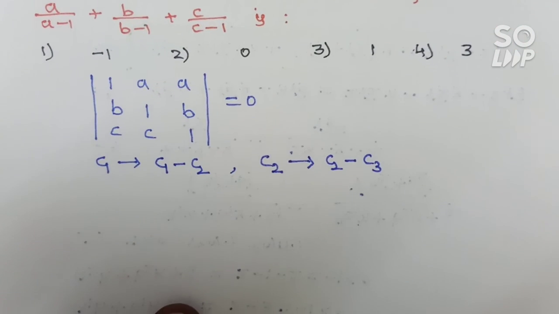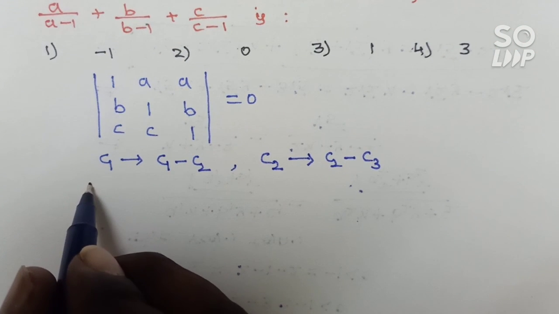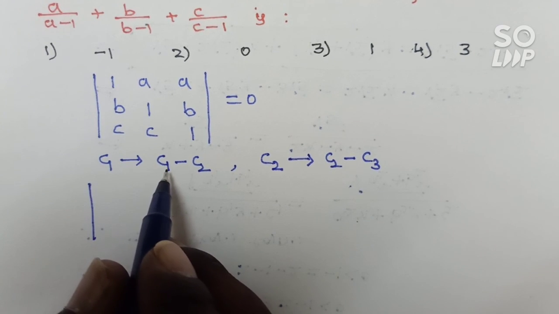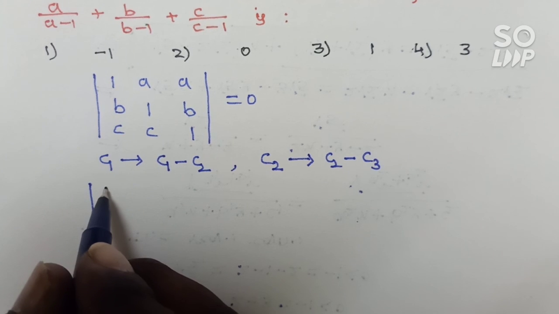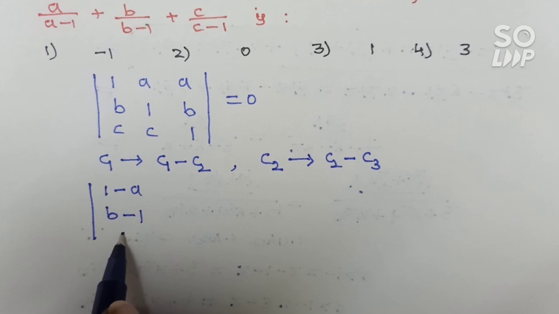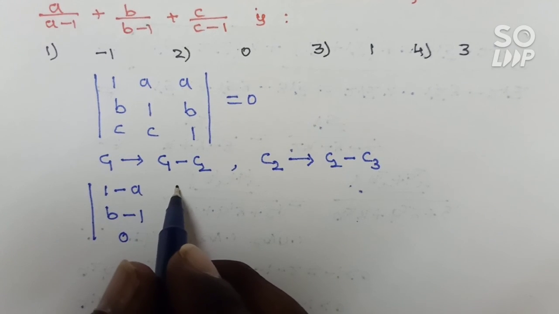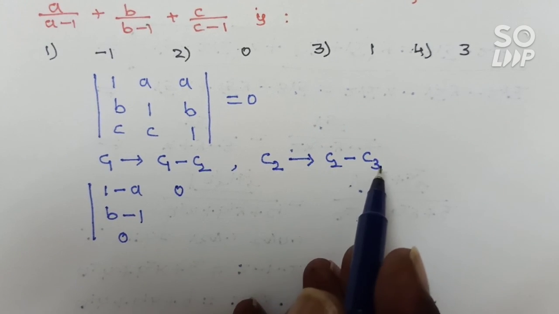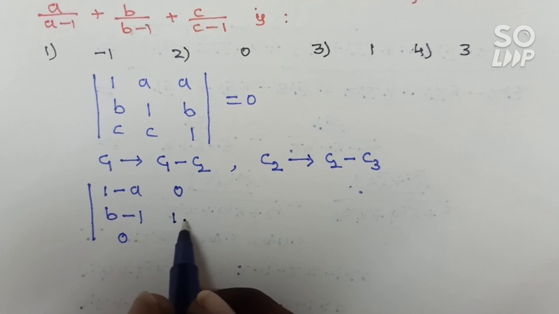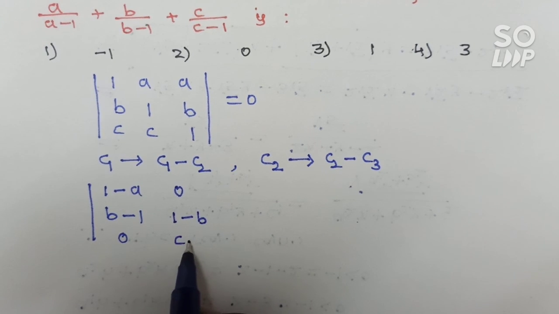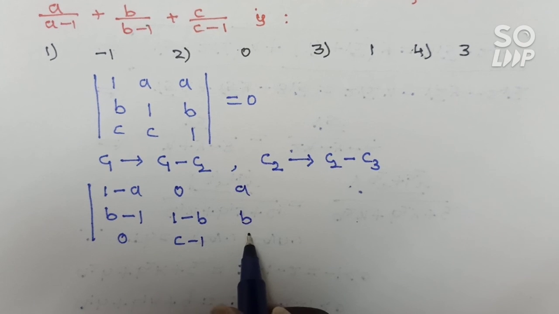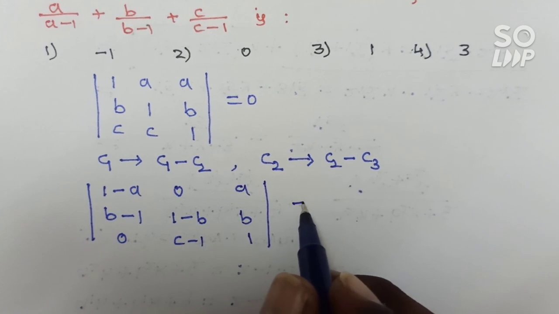So the determinant becomes: first column 1 minus a, b minus 1, c minus c0; second column a minus a is 0, 1 minus b, and c minus 1; third column has no change, a, b and 1, equals 0.